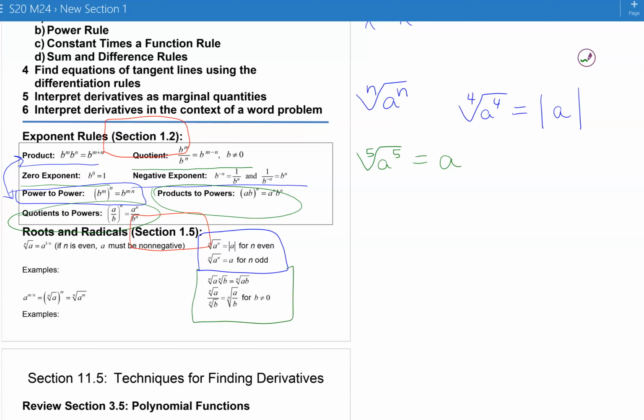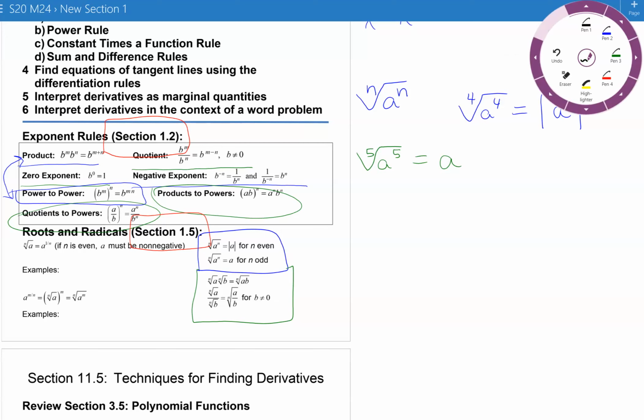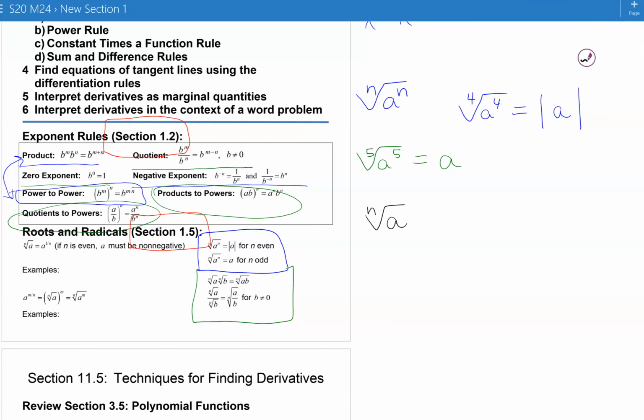So now let's look at these product and quotient properties, and really these are parallel to the exponent properties because radicals can be thought of and written with exponents. So let's first look at the product rule. If you have the nth root of a times the nth root of b, that's going to give you the same result as the nth root of ab.